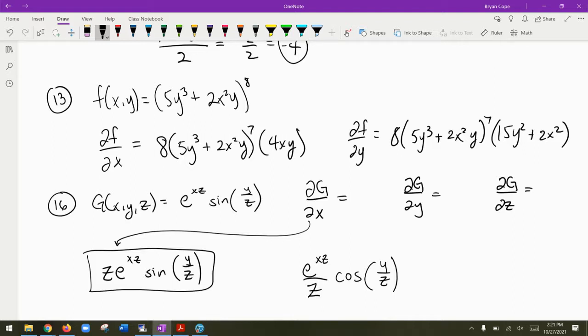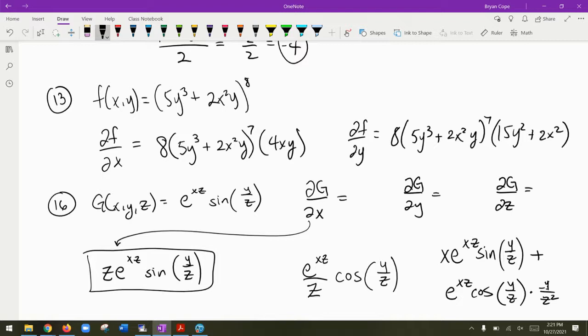Josh Sorkin, can you give us the partial of g with respect to z? Yeah, it's x times e to the xz times sine of y over z, plus e to the xz times cosine of y over z times negative y over z squared. All right, let's check them.